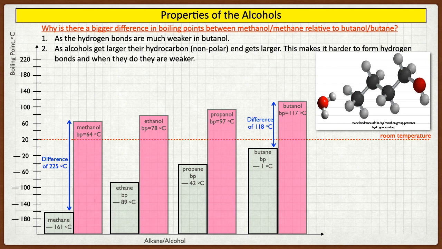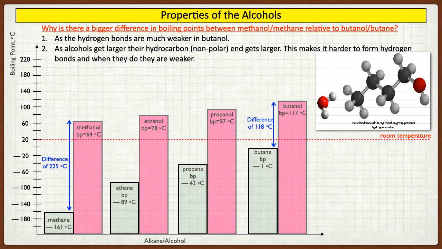So this water molecule here, for instance, you can see it will find it very, very difficult to form hydrogen bonds because of what we call steric hindrance, blocking out the formation of the hydrogen bond, if you like, between the delta plus of this hydrogen here and the delta minus of the oxygen at the far end of the butanol molecule.